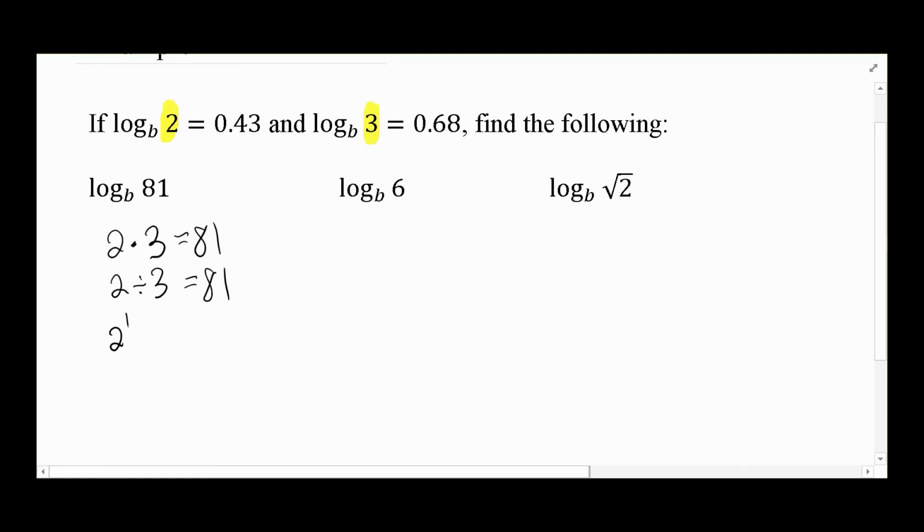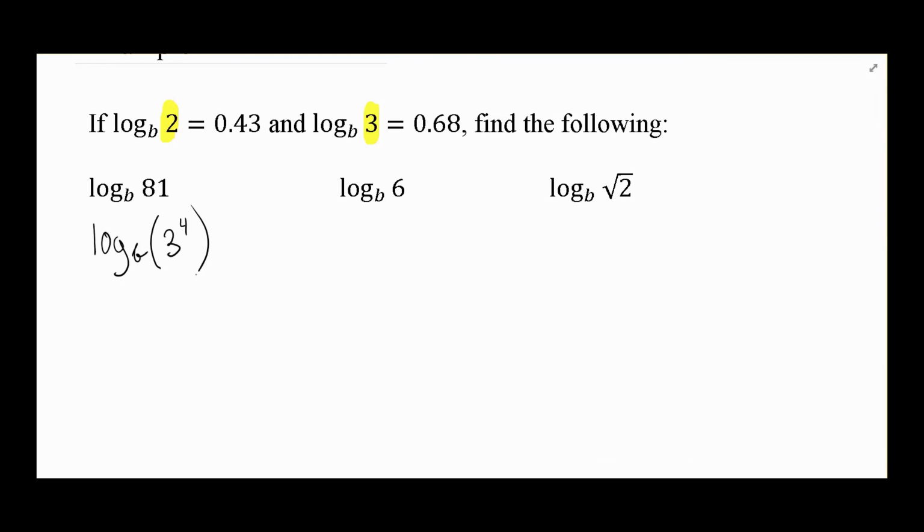Can I take 2 to some power to equal 81? Can I take 3 to some power to equal 81? And of those, yes, I could take 3 to some power to equal 81. And so that's my game plan on this problem. The first thing I'm going to do is rewrite that 81 as 3 to the 4th power. That's step 1. Rewrite it.